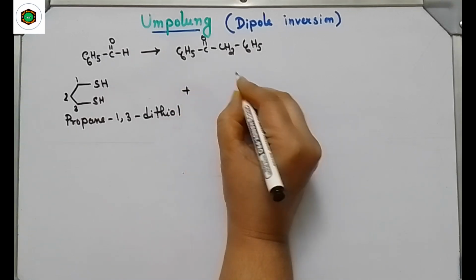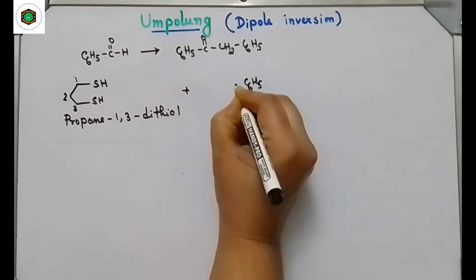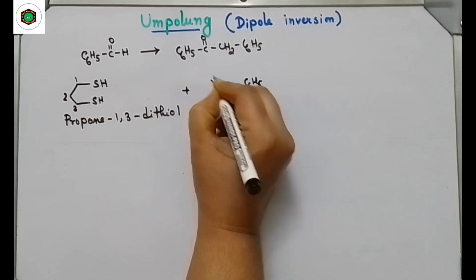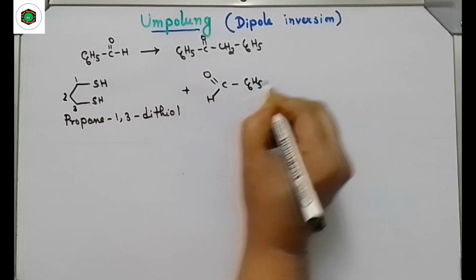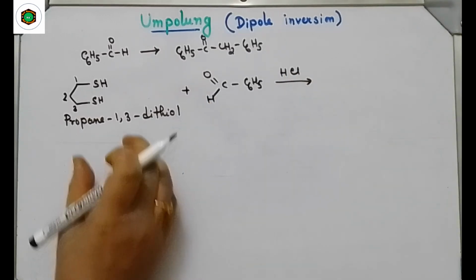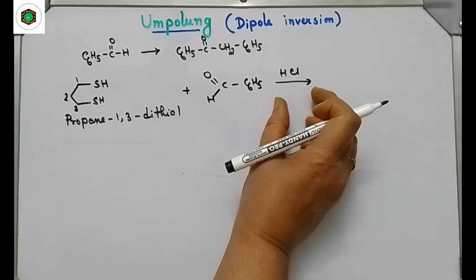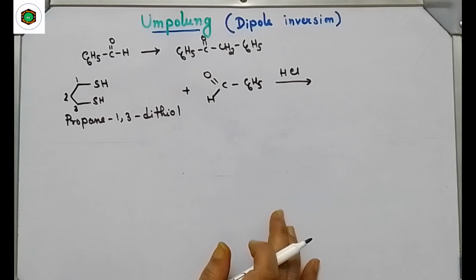Treat this with benzaldehyde, C6H5CHO, in the presence of HCl. So this is dithiol, this is benzaldehyde in the presence of acid. What will happen?